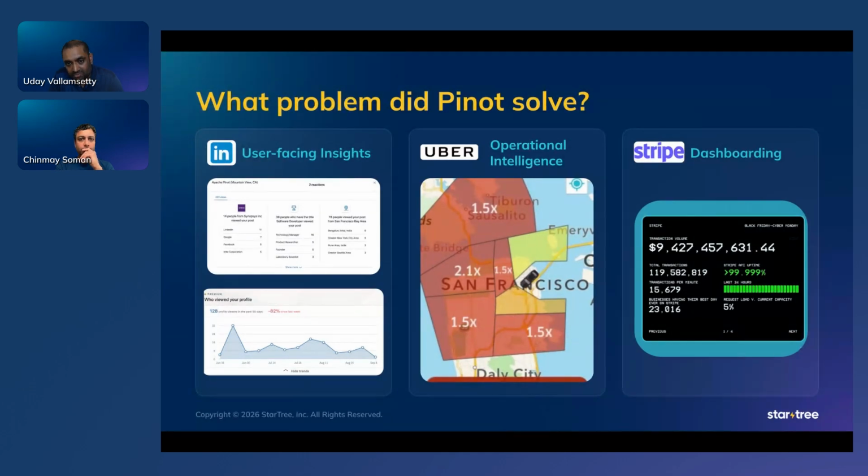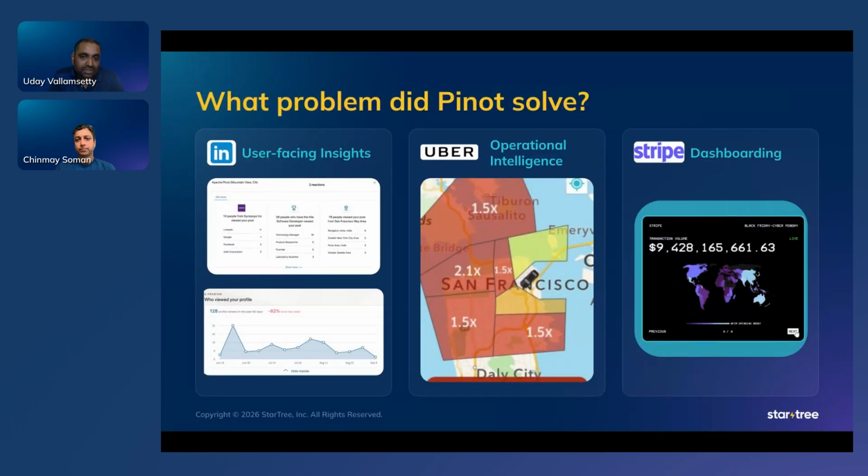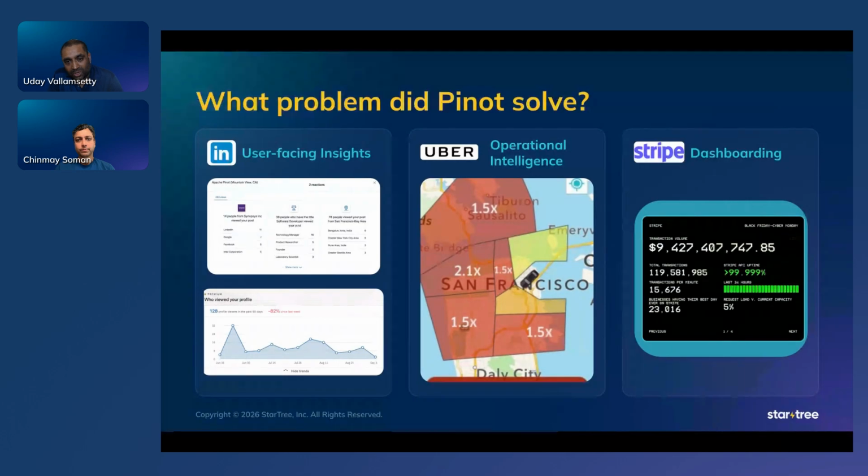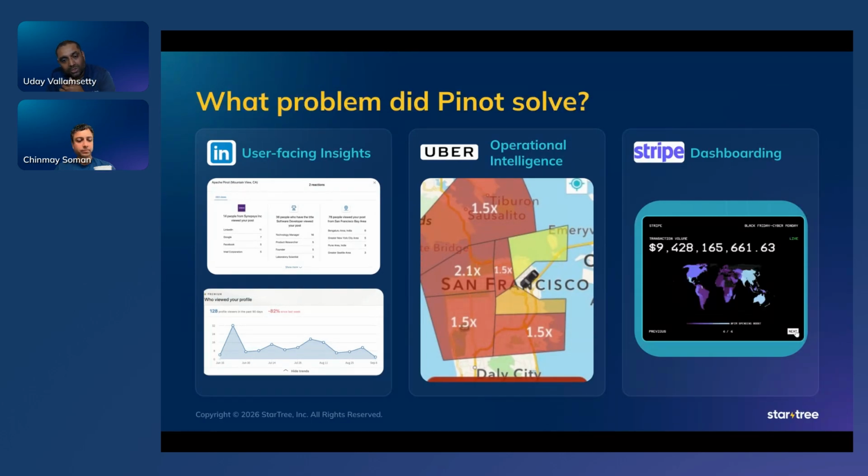Later on, Pinot was adopted by Uber, Stripe, and lots of other companies. The way I think about it is, if you ever used LinkedIn, a lot of the stuff that you see on LinkedIn is coming from Pinot. If you ever used Uber Eats, DoorDash, Zomato, Blinkit, any one of these logistics companies, they are using Pinot, and you are using Pinot when you're using them. Stripe, for example, uses Pinot to track all of their transactions.